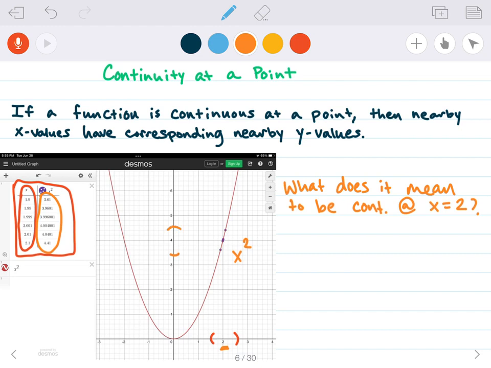So what this is saying is that all of the x values that are close to 2 map to y values that are close to 4. And we can see all of these points that are in the table right here on our curve. Okay, so that's what it means to be continuous at a point.